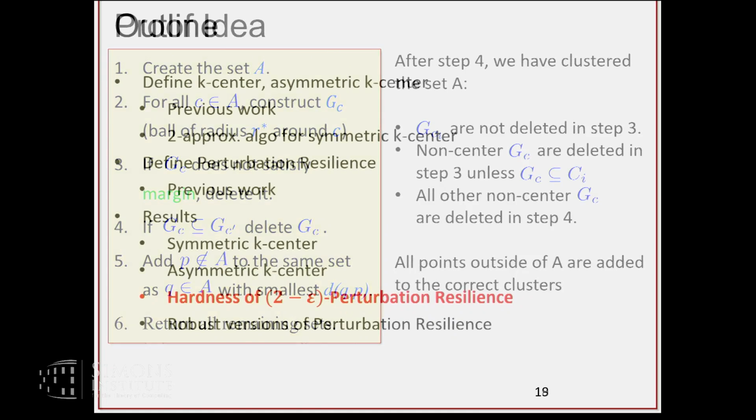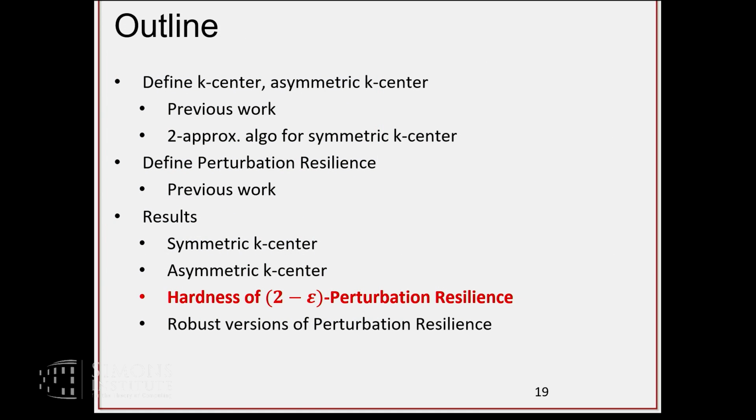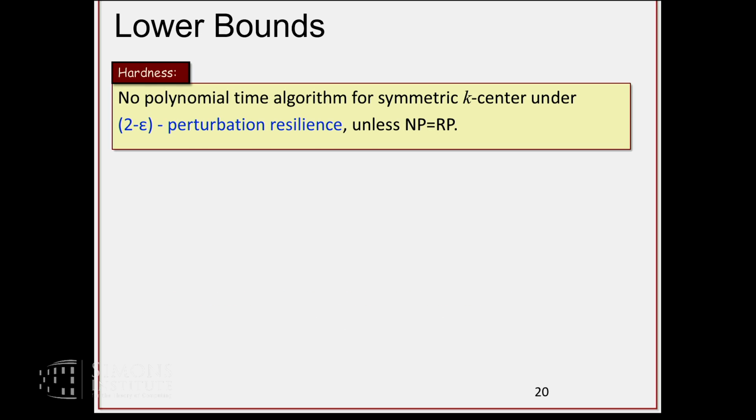Now I'll just very briefly talk about a couple other points in this research. We get a nice lower bound which shows the level of perturbation resilience needed is tight. So we show there's no optimal algorithm for 2 minus epsilon perturbation resilience unless NP equals RP. And the reduction we use is from dominating set with a couple extra properties.